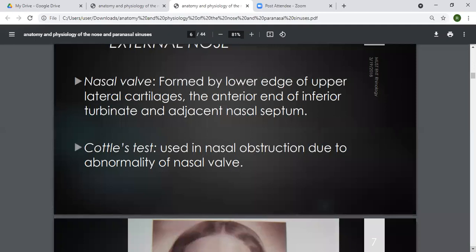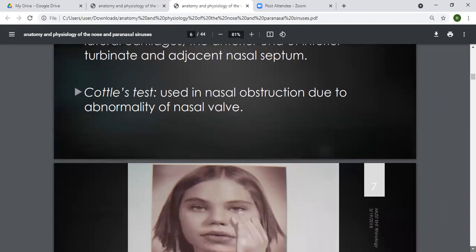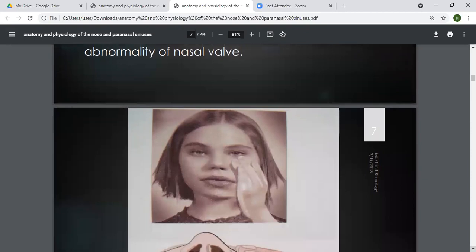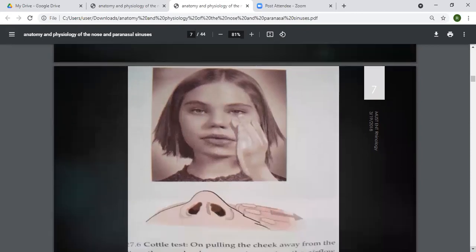One of the tests that we can use to determine obstruction is Cottle's test, where you lateralize the cheek. If the nasal obstruction is within the nasal valve, when you lateralize the cheek, as you can see in the picture, the patient will feel better and breathe better because you're opening up the nasal opening, right?